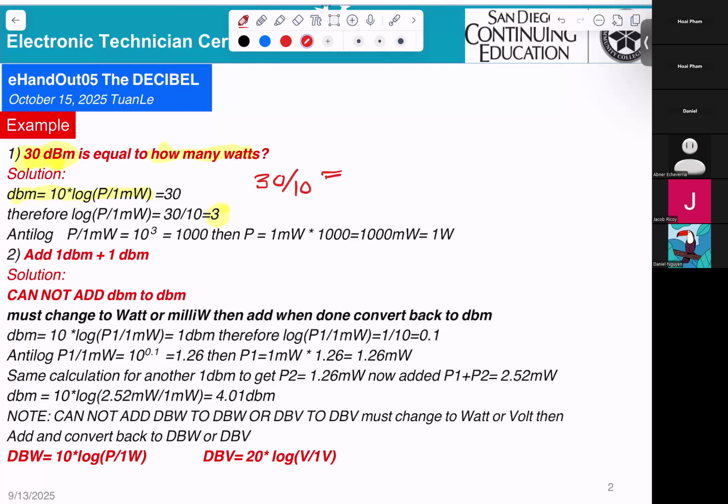That's why you get the number 3. That's telling you they took the log only, so you divide 30 by 10 and get 3. And now they don't want the log anymore. They say anti-log. That means you remove the log, and you get P over 1 milliwatt.